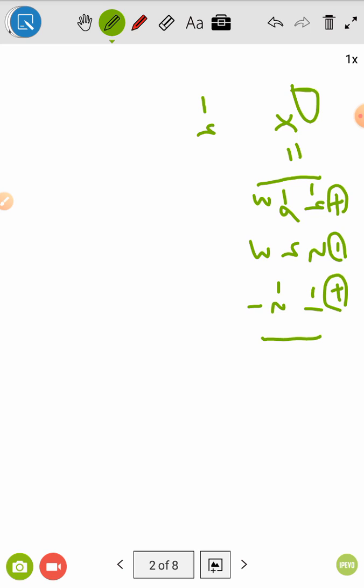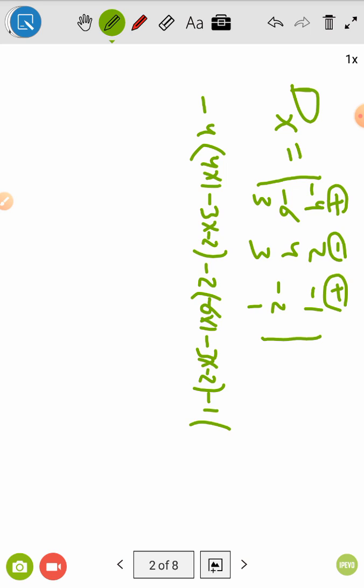Here negative 4 and cancel here and here. 4 times 1 minus 3 times the negative 2, negative 2. Here cancel, negative 6 times 1 minus 3 times negative 2, negative 1, cancel here and here, negative 6 times 3 minus 3 times 4.